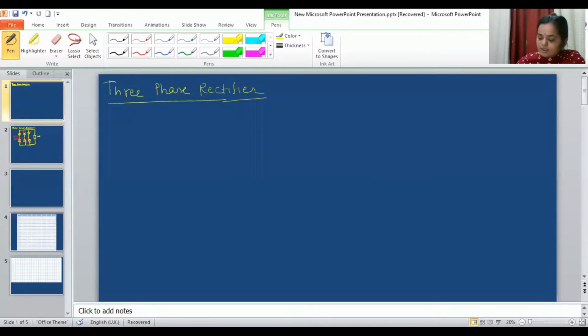So now, without wasting time, I am sharing my screen where I will brief you on the three-phase bridge rectifier circuit, diode based. Diode based means it is also called a three-phase uncontrolled rectifier.